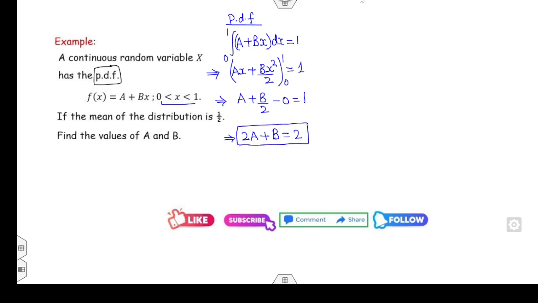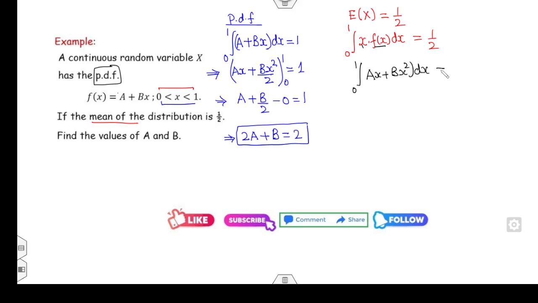Fine. और क्या दिया हुआ है? The mean, given that E of x is equal to half. So what is the definition of the mean? X into fx. I can write it as integral of x into fx, domain is 0 to 1, which is equal to half. Now you can substitute the value of fx, so that is a plus bx. If you multiply by x also, so ax plus bx square.